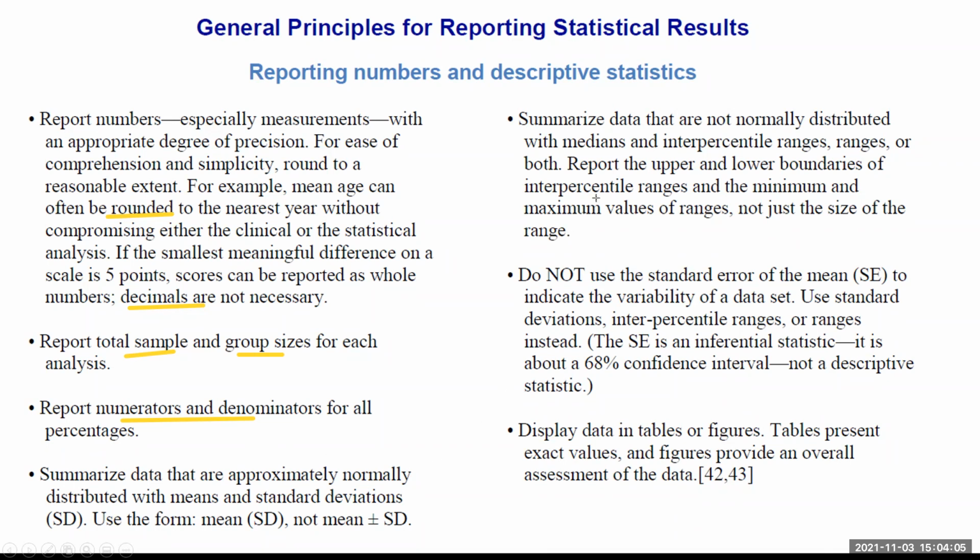You should summarize data that are non-normally distributed with medians. And generally, statisticians don't like standard error of the mean. But in basic sciences, I see that frequently reported. So again, see which journal you're applying to.